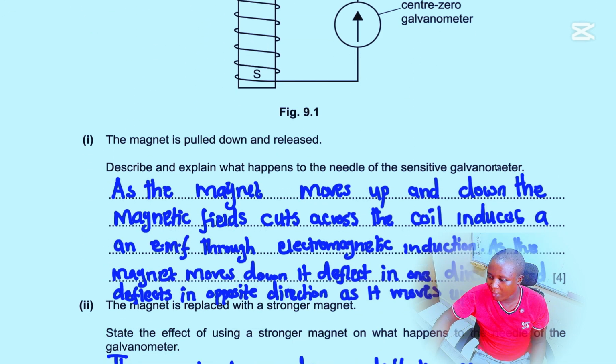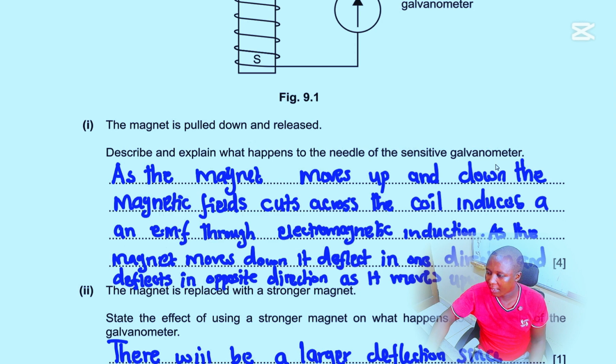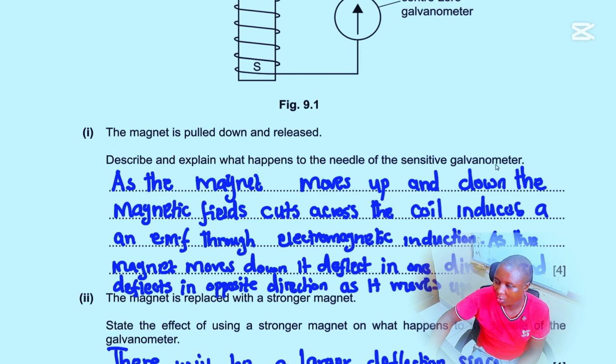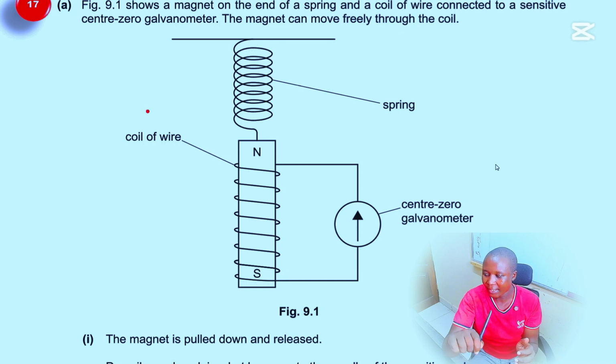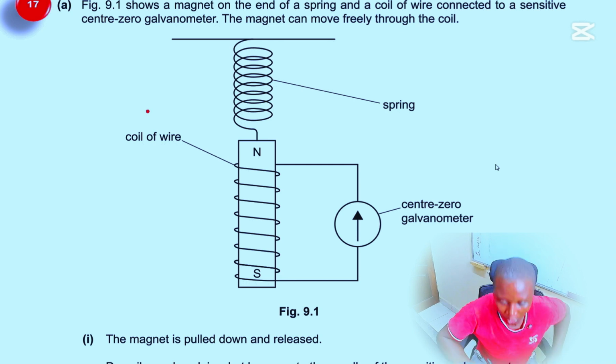Describe and explain what happens to the sensitive galvanometer needle. Now, a galvanometer is a device that can detect any small amount of current. It will deflect in one direction when current flows in a particular direction. If current flows in the opposite direction, the galvanometer will deflect in the opposite direction, right?